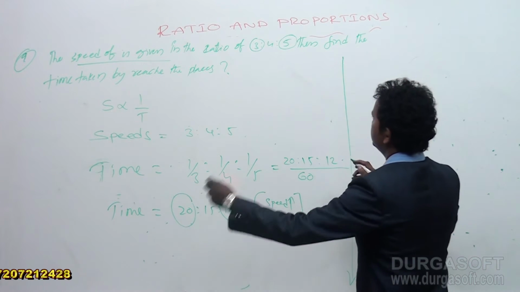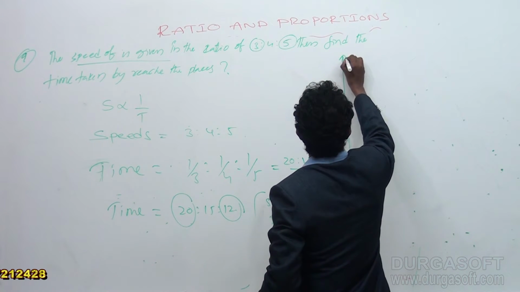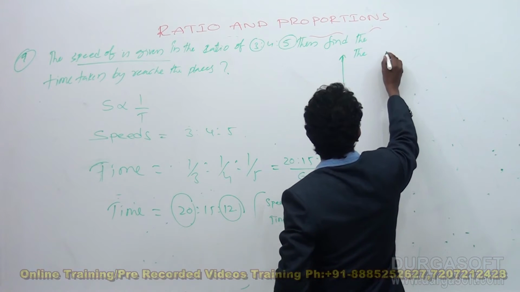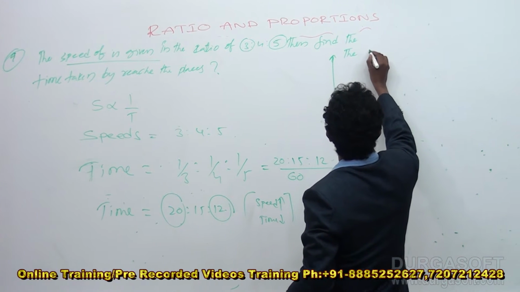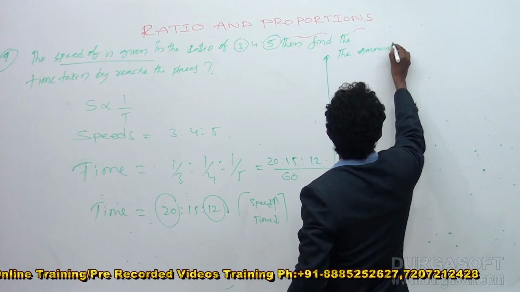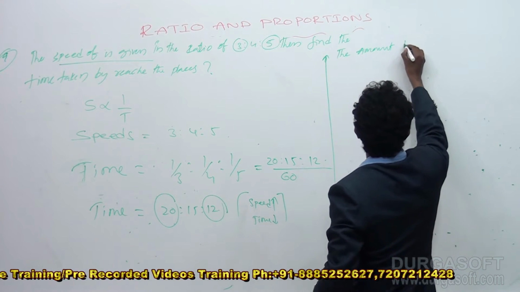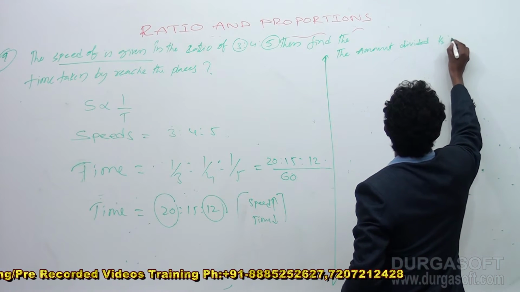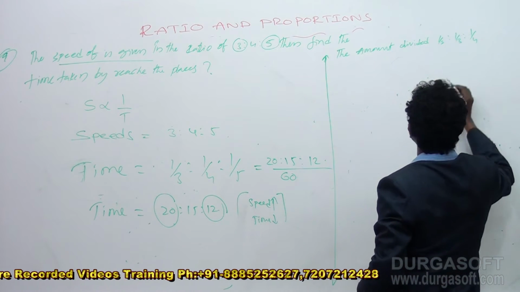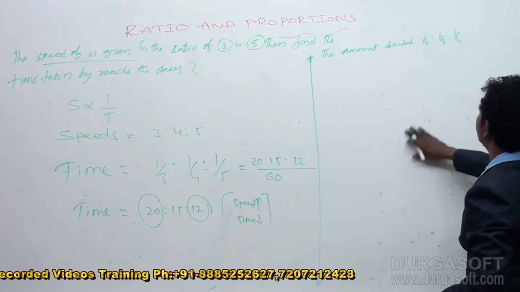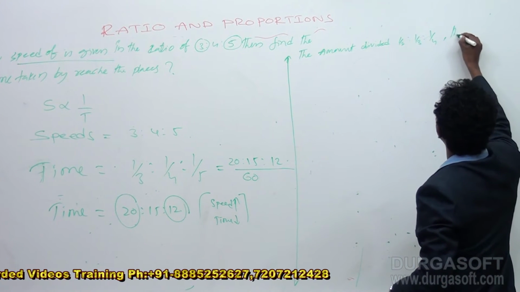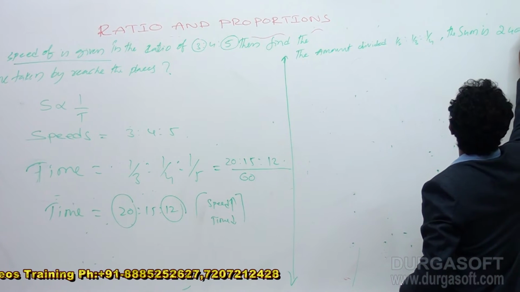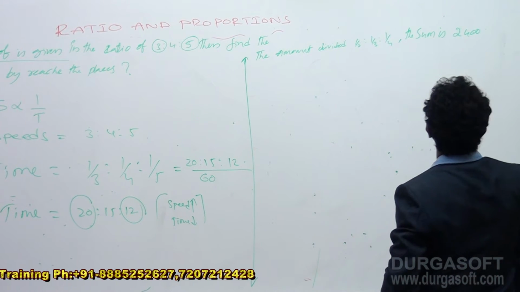Now again, an amount is divided in the ratio 1/2:1/3:1/4, and the sum is 2400.